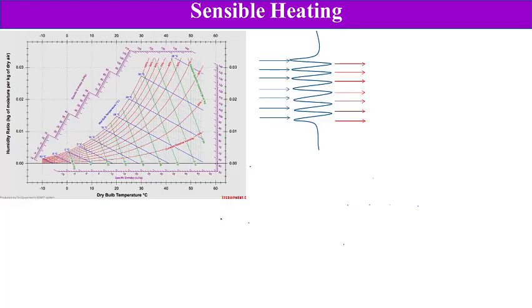Now let us consider the sensible heat. Let us say the air enters at TD1 and leaves at TD2, whereas the temperature of the coil is TD3.